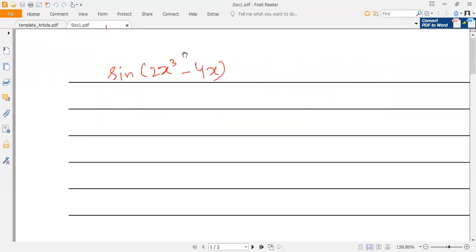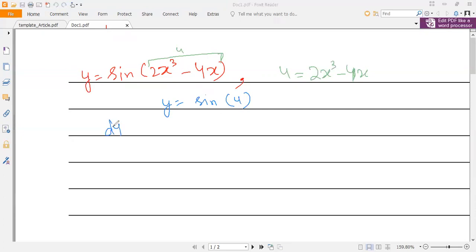So we can find the intermediate function. Let me assume y is equal to sine of 2x cube minus 4x. I can take this part here and call it u, so u is equal to 2x cube minus 4x. Then my y becomes sine of u. Now if I have to find dy by dx, it will be d by dx of sine of u.